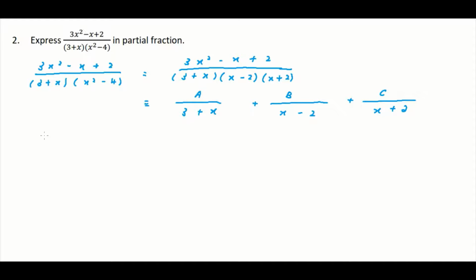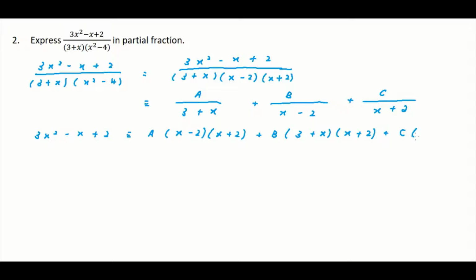So the same thing now, we are trying to change everything into an equation without fractions. 3x squared minus x plus 2 equals a times (x minus 2)(x plus 1), and so on. If you want to expand it and solve simultaneously, it will be a very long working because you are not having only a linear factor.